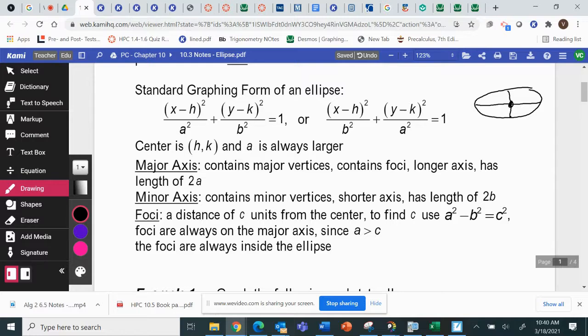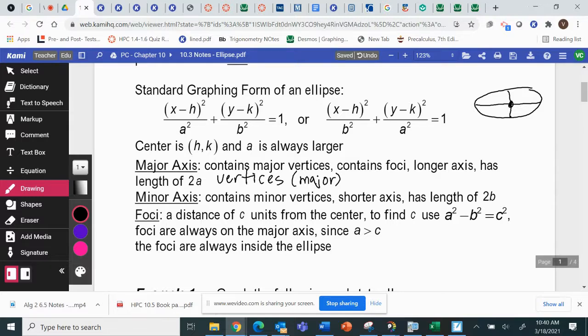Your book will sometimes use words like, well, when we talk about the end points of the major axis, we call them vertices. Some books will call them major vertices. Some books will just call them the vertices.